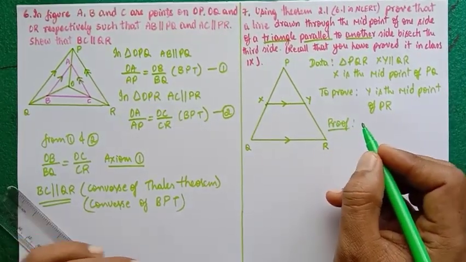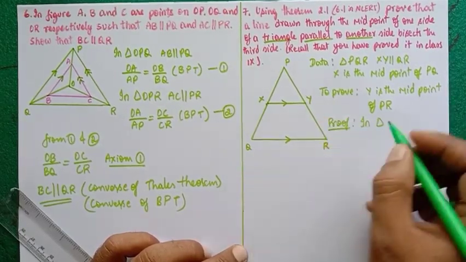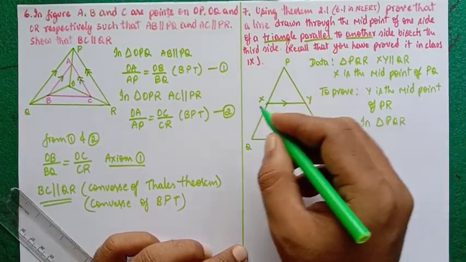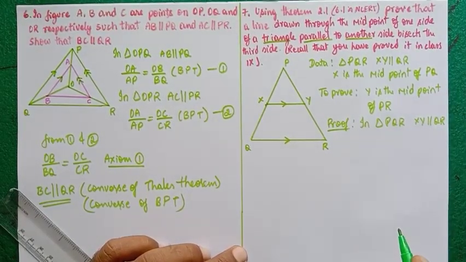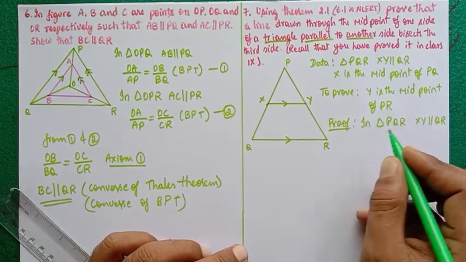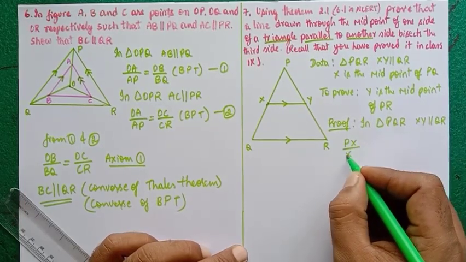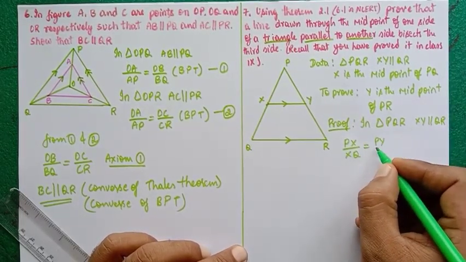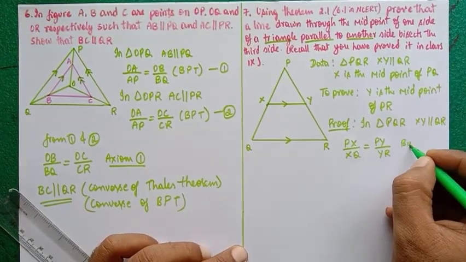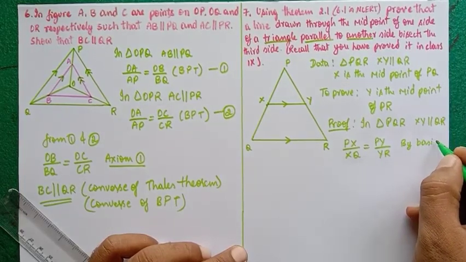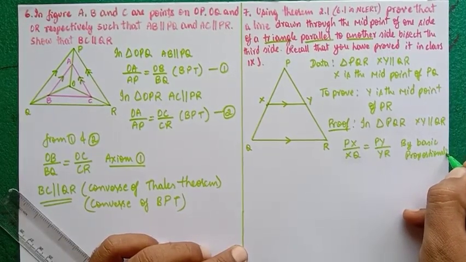Let us consider the triangle. In triangle PQR, XY is parallel to QR. So PX by XQ is equal to PY by YR, by the basic proportionality theorem.